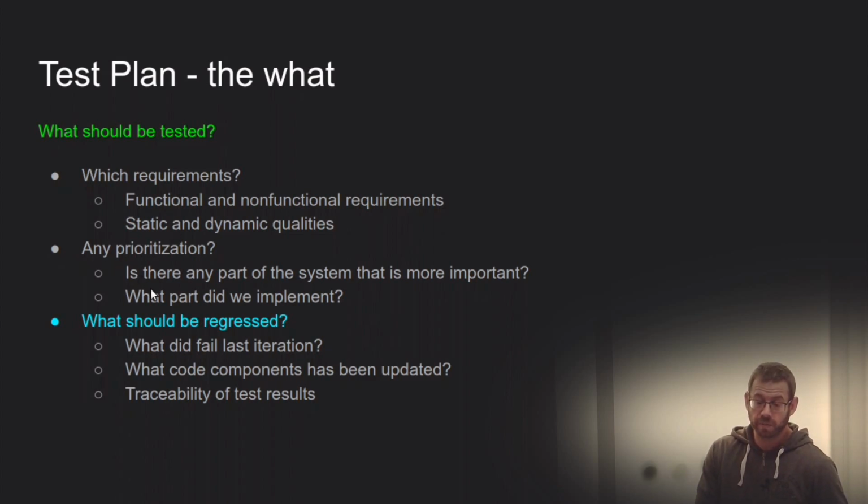depending on your strategy, of course. You need to do some prioritization. Is there any part of the system that is more important? Perhaps there are things in the scenario that say that this part of the web server that we're going to test is more important to work than other things.